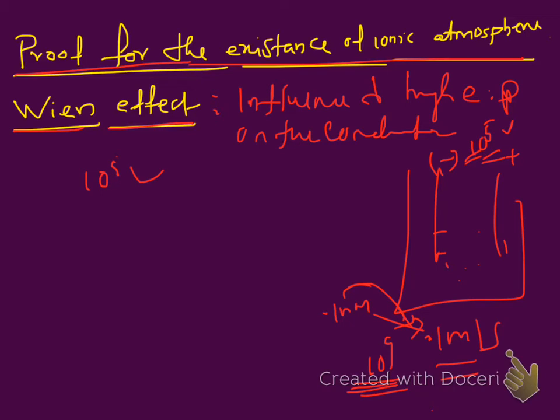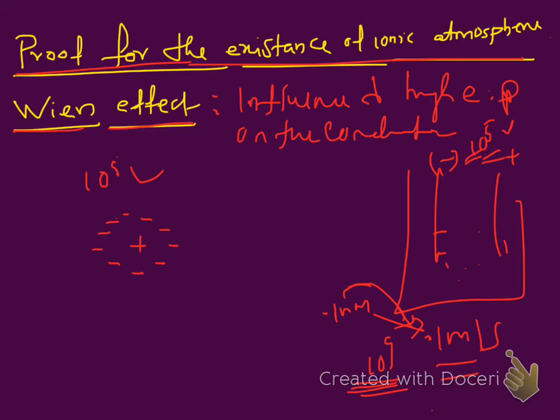Because of the high speed of the ions, suppose a positive ion needs to be surrounded by negative ions, and the negative ions form an ionic atmosphere around the positive ion in a symmetric manner. This was the condition we have discussed in the asymmetric effect.